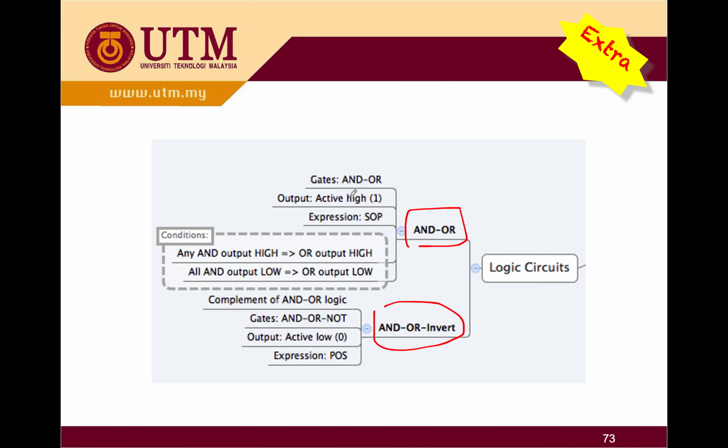You can see the gate, the output, the expressions, the conditions for the gate, while for the inverse, you are looking at the complements, and then gates, output, and expressions. Basically it is a POS.